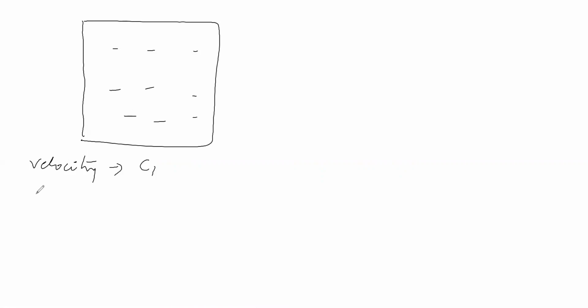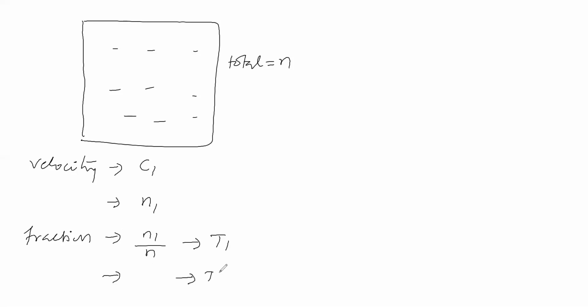We will take C1 velocity as possessed by N1 number of gaseous molecules, and the total number of gaseous molecules as N. Now the fraction of gaseous molecules having velocity C1 is N1 by N at temperature T1. Now we will consider by what number of molecules velocity C1 is possessed when the temperature is T2.